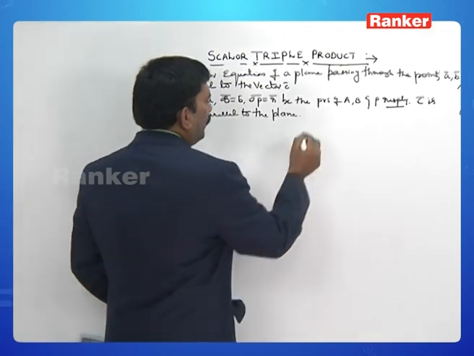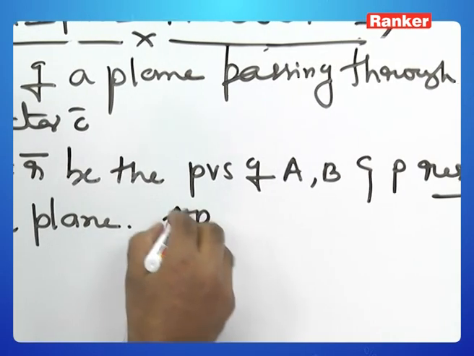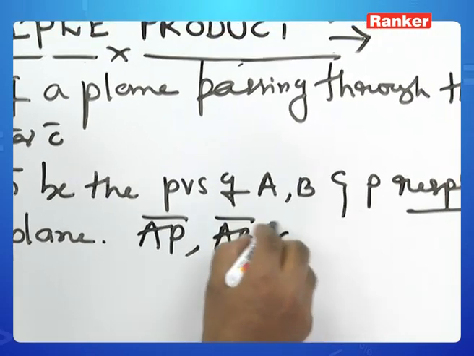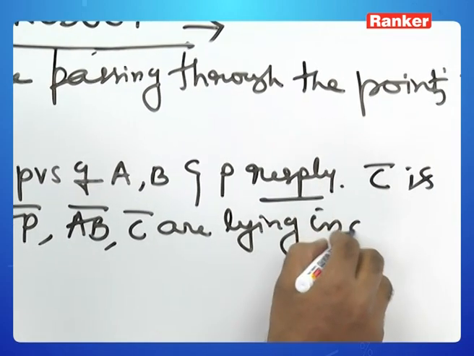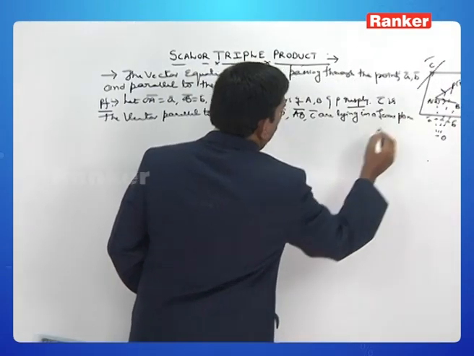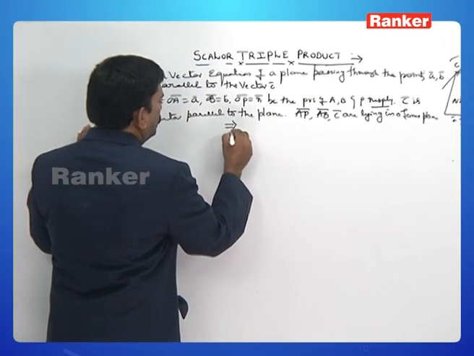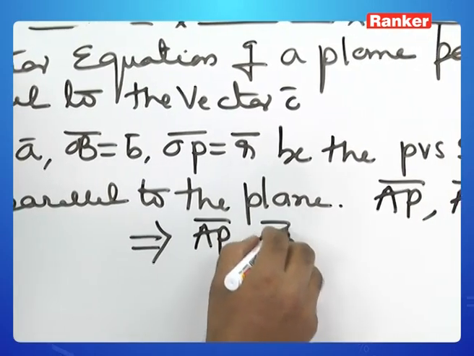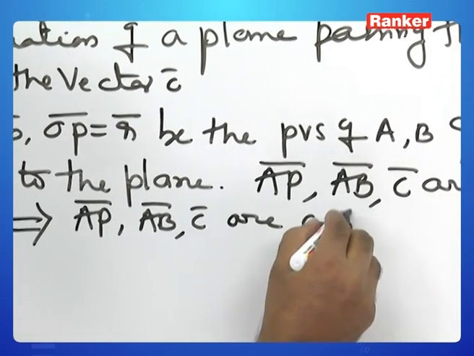Now, from the figure you can very well observe AP bar, AB bar, C bar are lying in the same plane, which implies AP bar, AB bar, C bar are coplanar.